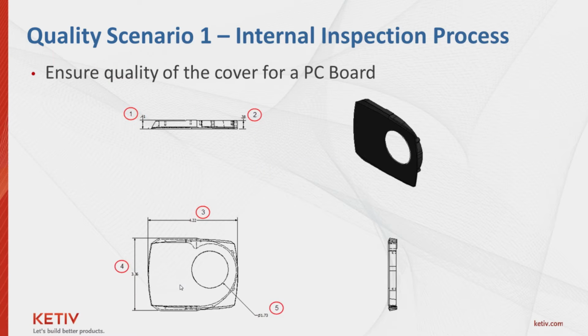So for the demonstration portion of today, I'm going to go through a couple of different scenarios. First we're going to take this cap that you see right here. This is an injection molded part that's part of the PC board. And we're going to just quickly walk through an inspection process and see how that works.